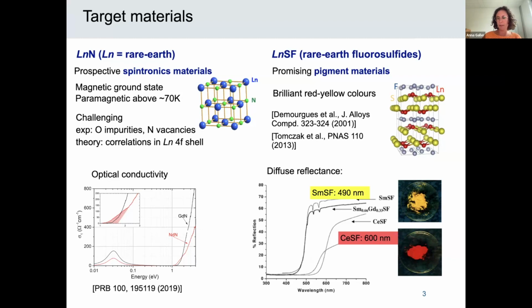Yeah, and I should also mention that on this slide, you can see the crystal structure of these rare earth fluorosulfides, which is a layered tetragonal crystal structure. And my goal was to compute the electronic structure of these materials from first principles, which is quite challenging.